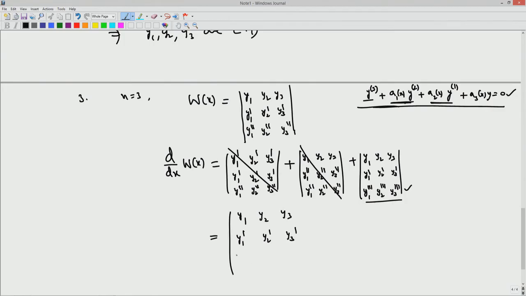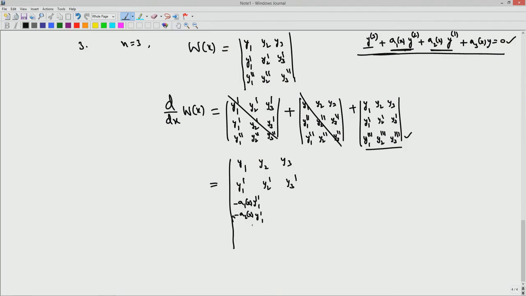Now you can replace each of these as minus a1x y2 dash, y2 double dash, minus a2x, and minus a2x y1, sorry, it's y1 double dash, y1 dash.